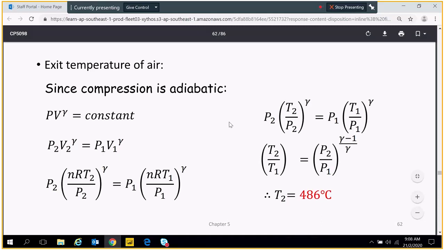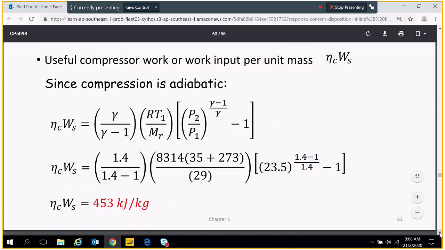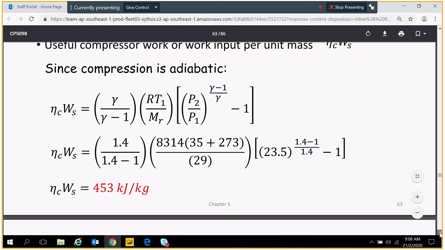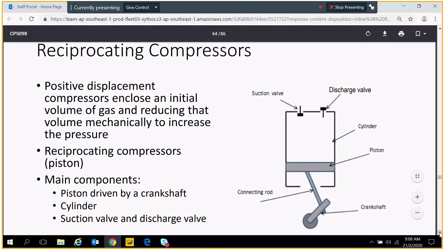Right, I've shown the derivation in the class, so I'm not going to repeat this. Okay, this one you've seen in the class. Now this one is a reciprocating compressor. Realize that there's a crankshaft. There's a driver here, this connecting rod. This is called the piston.